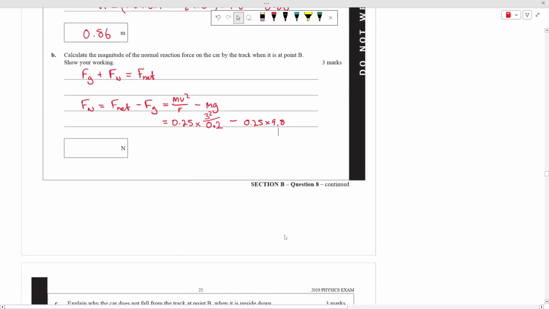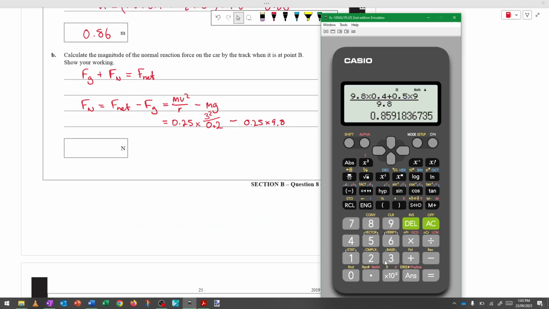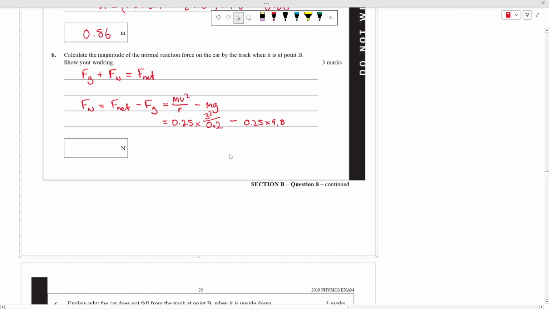Yeah, all those numbers are good. Alright. So 0.25 times 9 over 0.2 minus 0.25 times 9.8. 8.8 newtons.